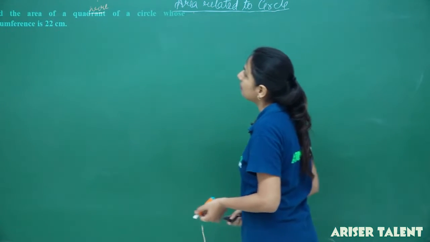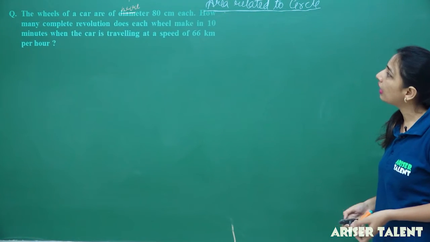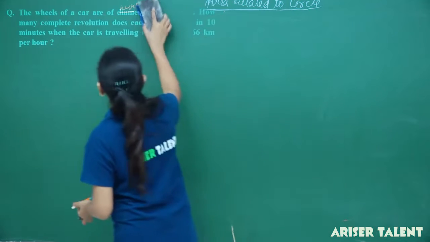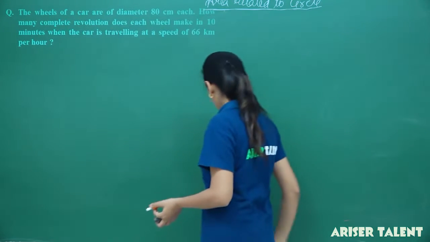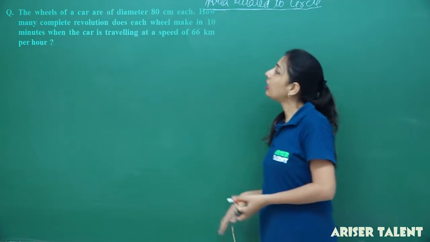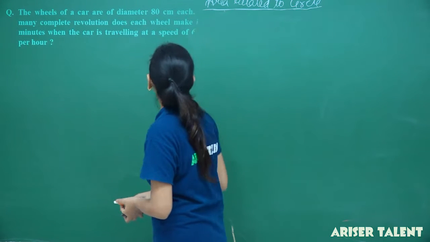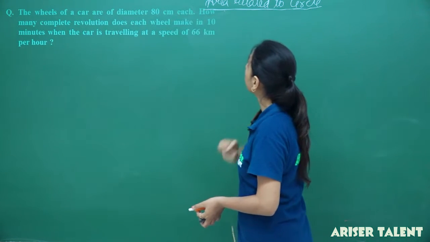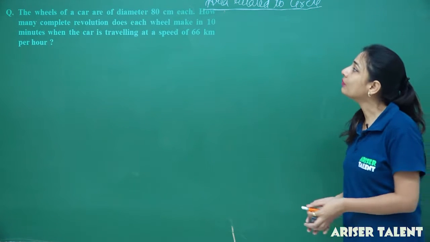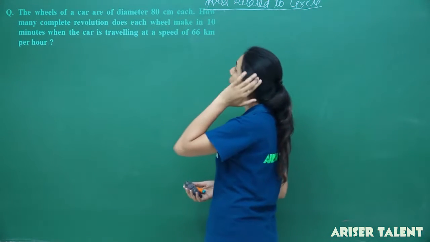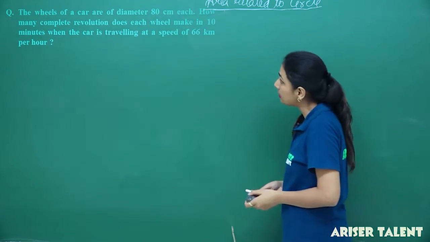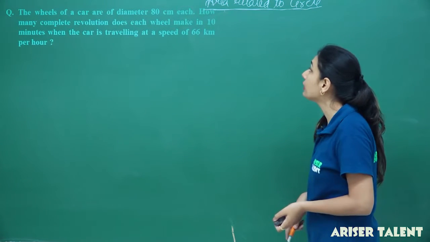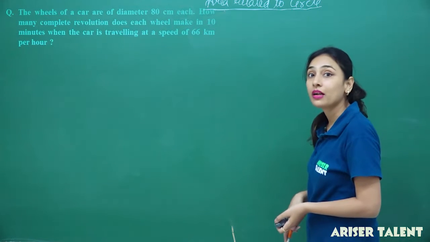This was the correction in that question only. The wheels of a car are of diameter 80 centimeters each. Now don't get confused with this word. How many complete revolutions does each wheel make in 10 minutes while the car is traveling at the speed of 66 km per hour?